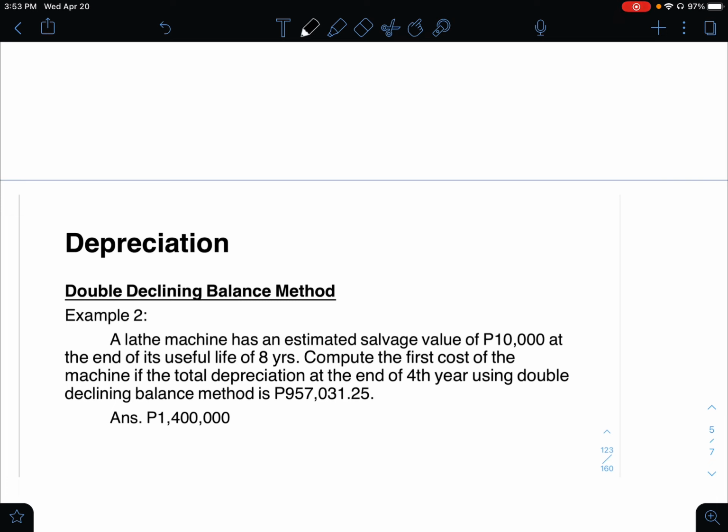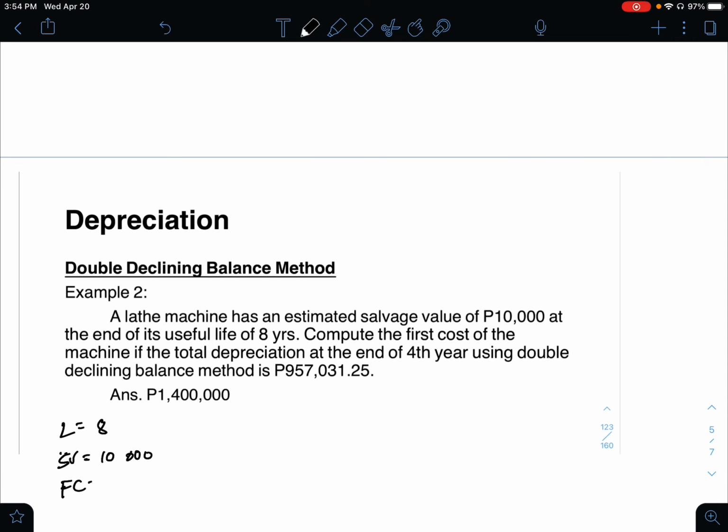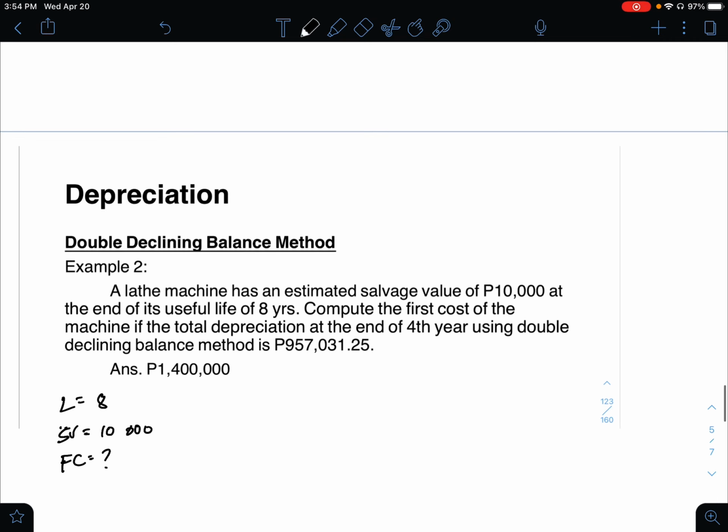So the useful life, L, is 8. Salvage value is 10,000. Compute the first cost. Okay, the question is the first cost. Compute the total depreciation.